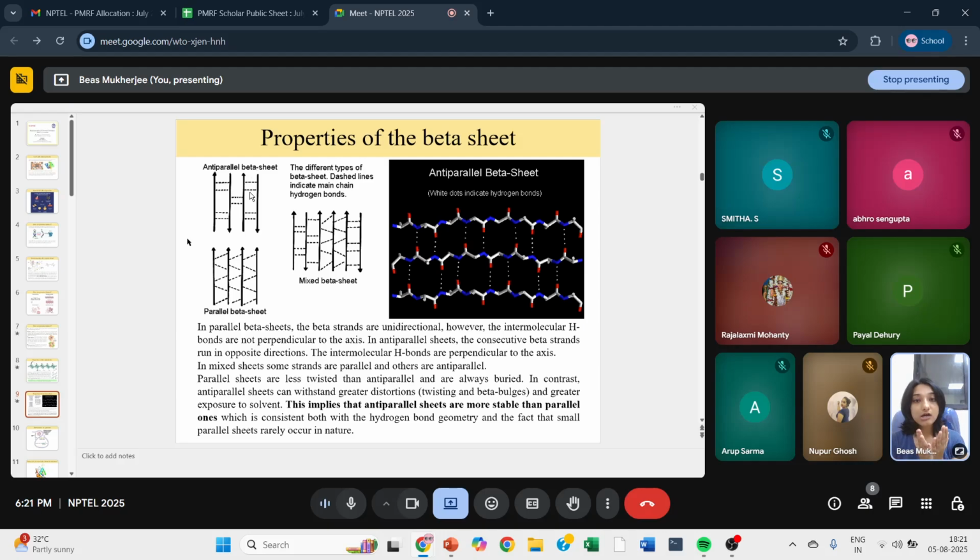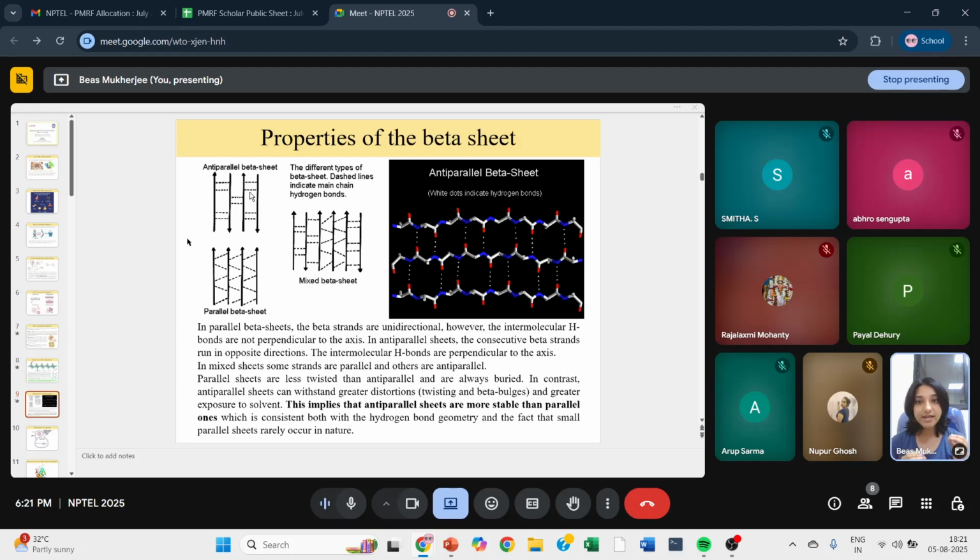However, the intermolecular hydrogen bonds are not perpendicular to the axis. They are all zigzag. In the antiparallel beta sheet, the consecutive beta strands run in opposite directions. So for example, if this is going from N to C, the next strand will go from C to N, right? This is how it goes. The intermolecular hydrogen bonds are exactly perpendicular to the axis.